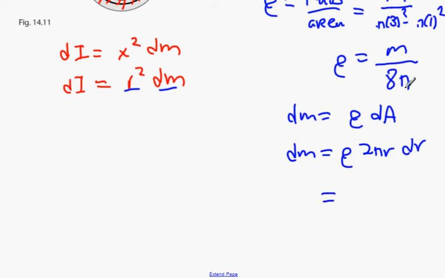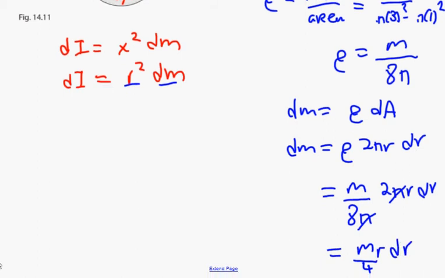We're going to change rho into m over 8 pi. You can do that later on if you want, but might as well do it now. It'll get rid of the pi for you. Pi goes, 2 over 8, 1/4, so m over 4 r dr.